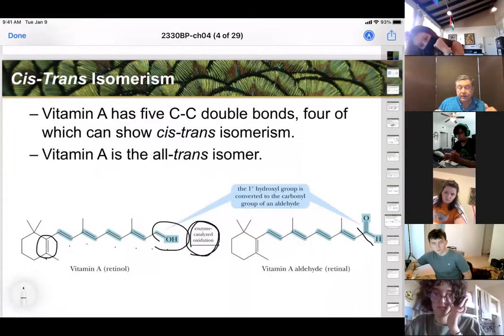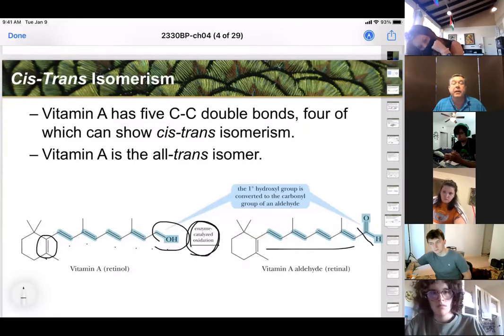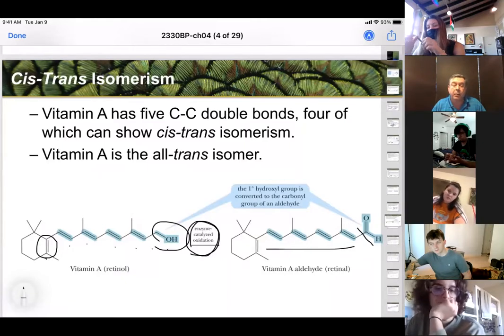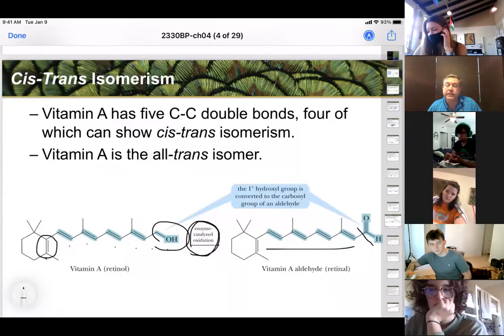Okay. But if any of these bonds here were in the cis configuration, they would not work with the enzyme. It would not be able to be processed by the body. Okay. So you wouldn't need to put cis or trans in the name if you put E or Z. Correct. You use cis or trans or E or Z, not both.